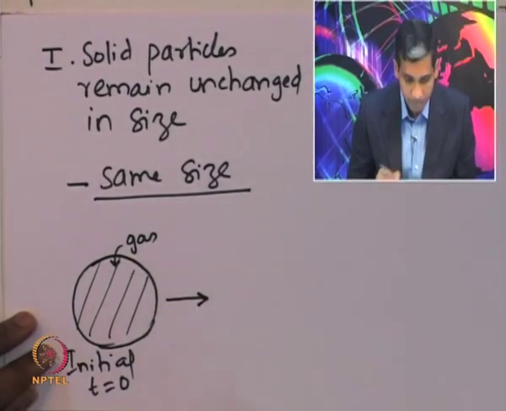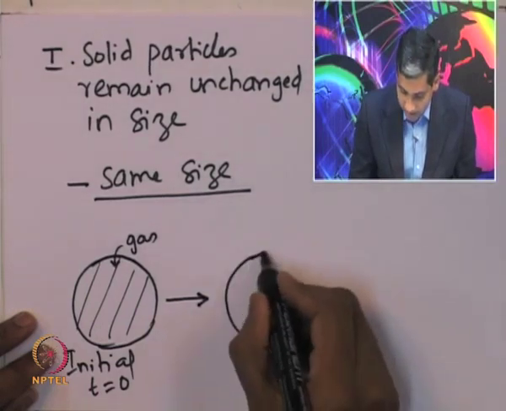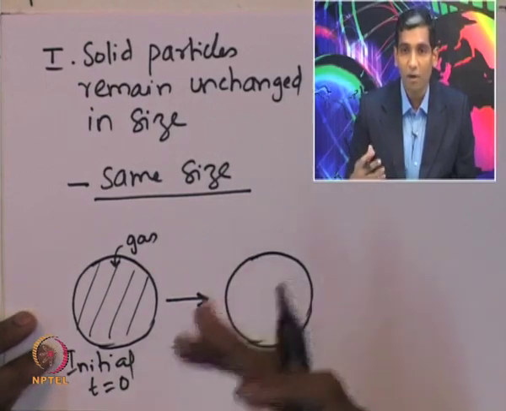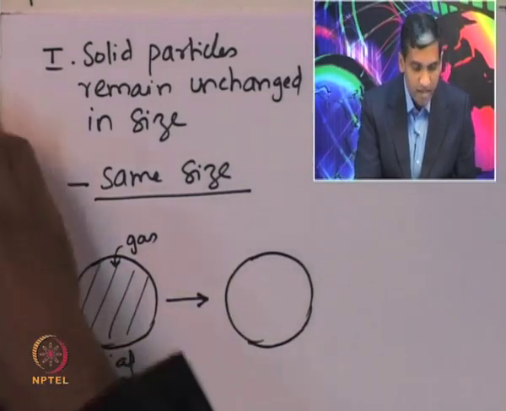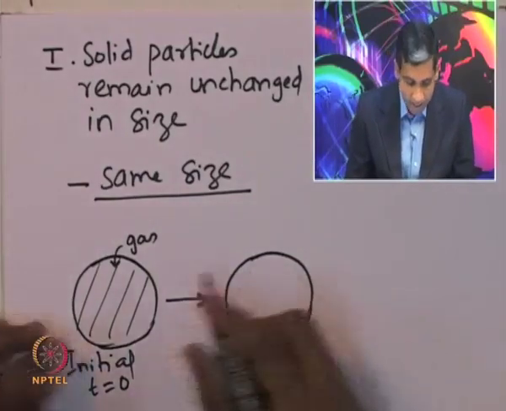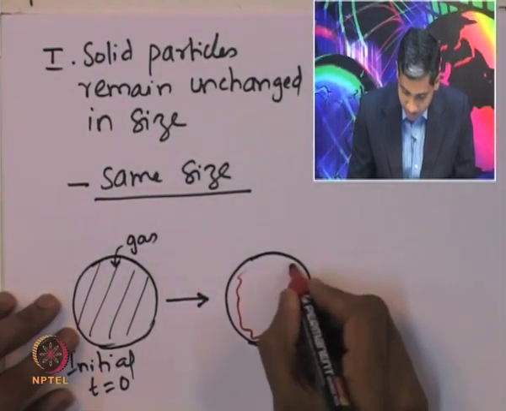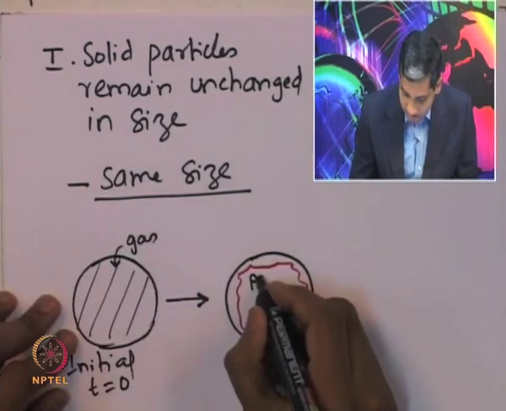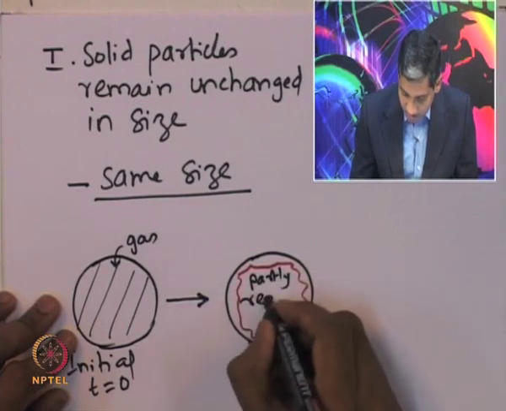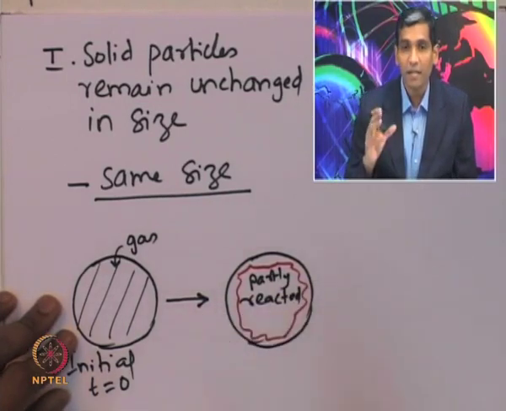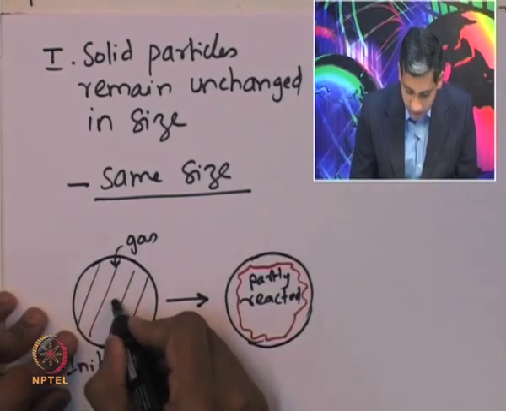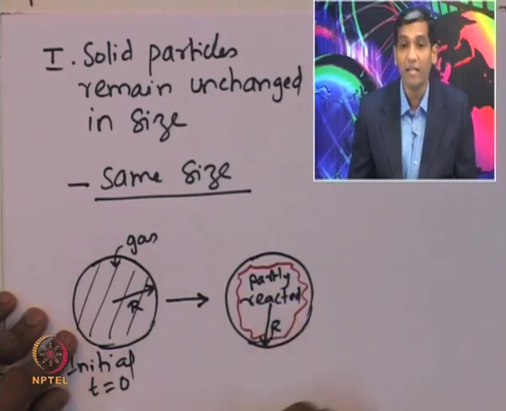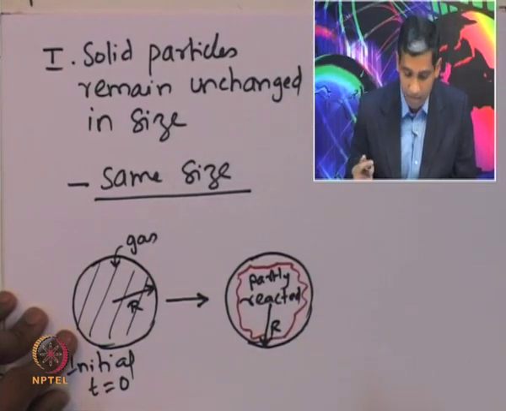After a certain time, the size does not change, and some parts of the solid core have undergone a reaction, so it is partly reacted. Remember that the size does not change. If the radius of this core is r, the radius continues to remain approximately the same as the initial size of the particle.